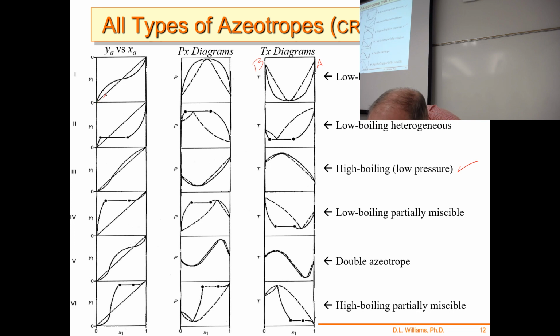Now this line that's just a straight line across is a perfect situation of Raoult's law, where the gas composition and the liquid composition are the same throughout. But in reality, in this region the gas composition is enriched in A, and then it's depleted in A. And where they equal each other, that's the azeotrope, because that's the definition of an azeotrope. When YA and XA are equal, then they are azeotropic. Okay.